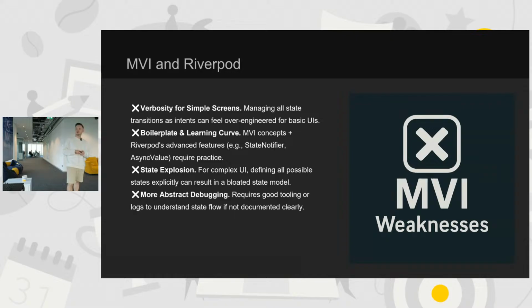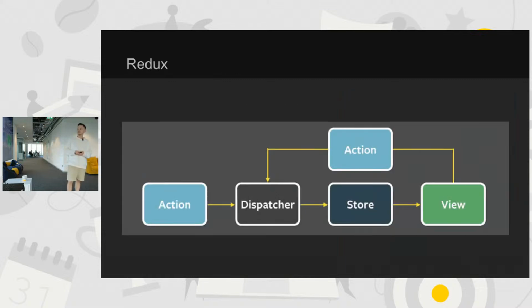And talking about its weaknesses, actually it is much better to use MVI than previous patterns because it matches much more with our stateful approach in Flutter. All right, let's go to Redux.